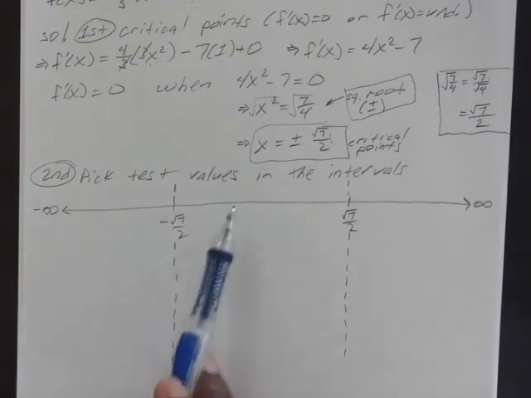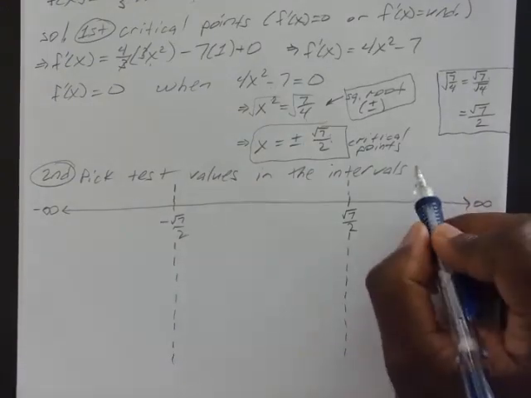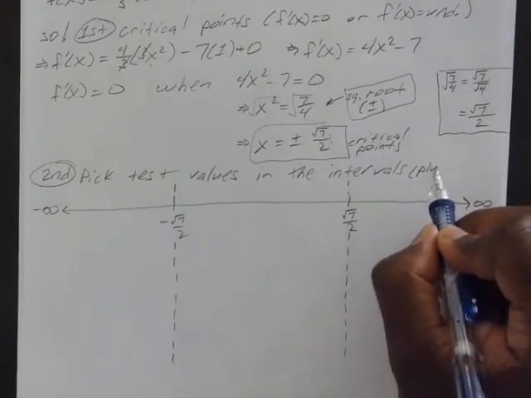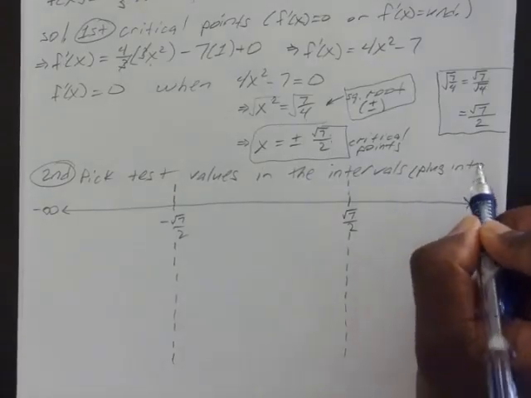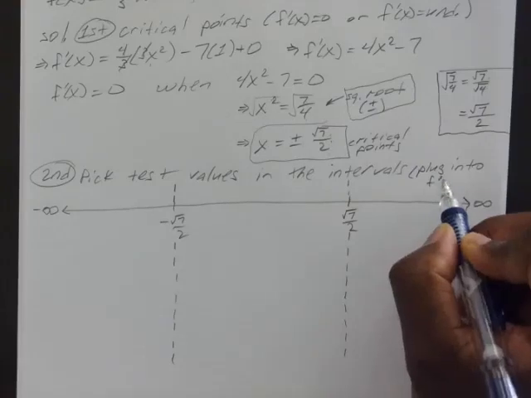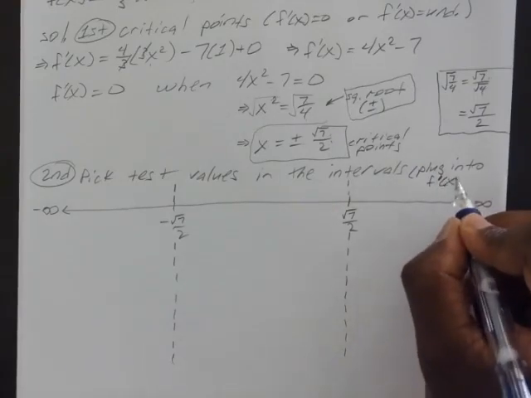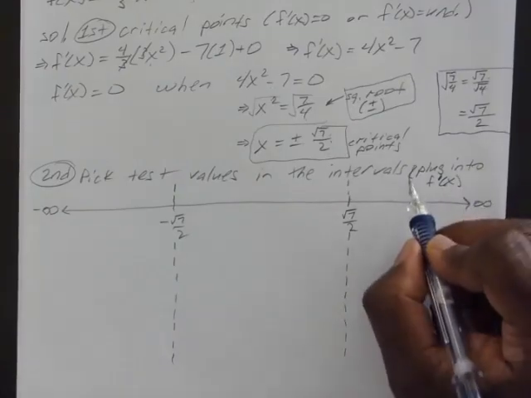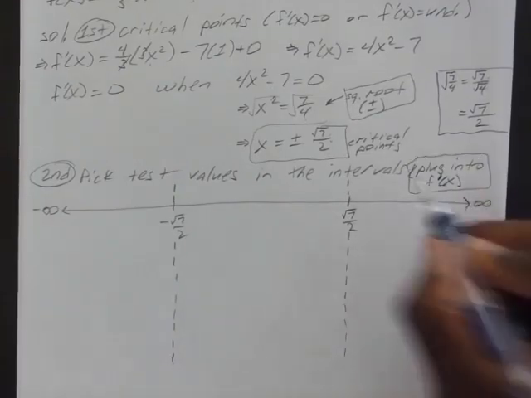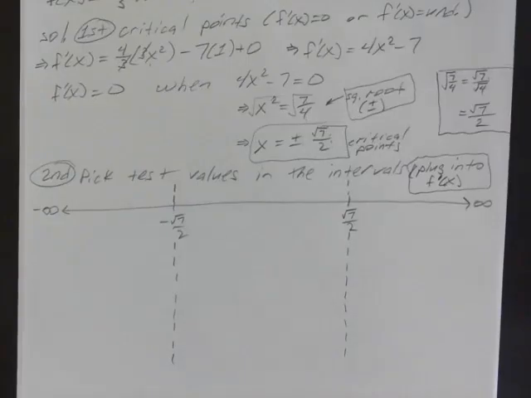Okay. So when we pick our test values, we're actually going to plug them into our derivative. And I'll make that little side note there. So we're going to plug it into our f prime of x. Okay.